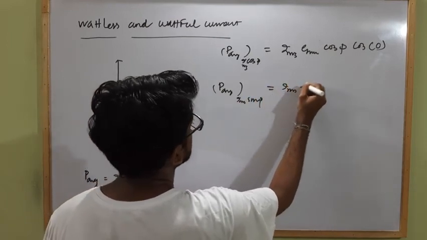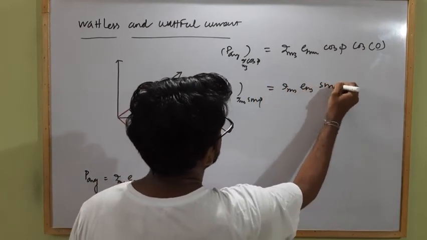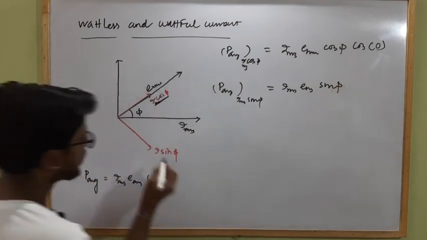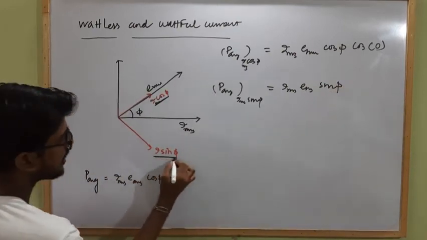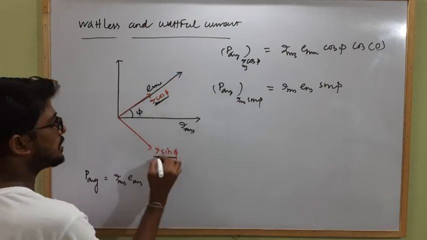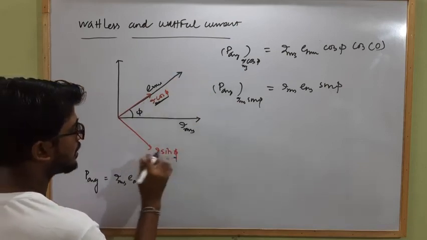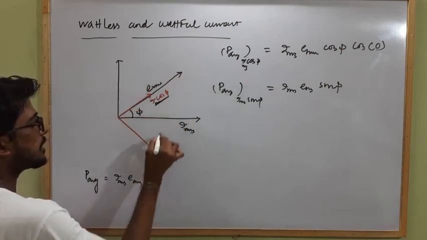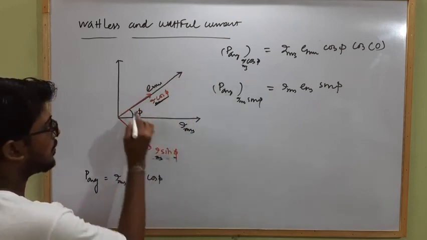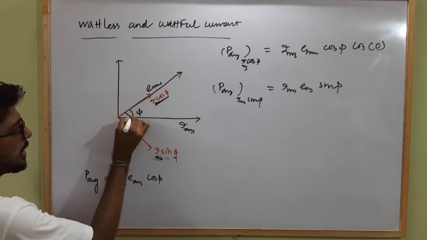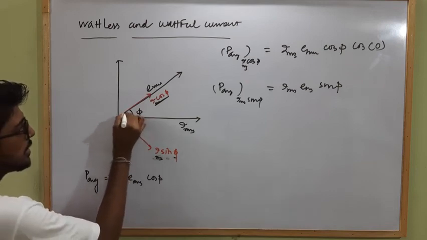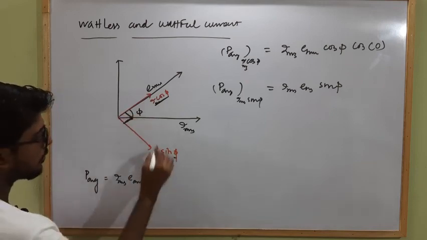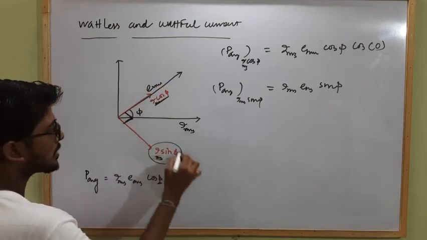I RMS E RMS sin phi into cos of the phase difference between E and I RMS sin phi, which is 90 degrees.